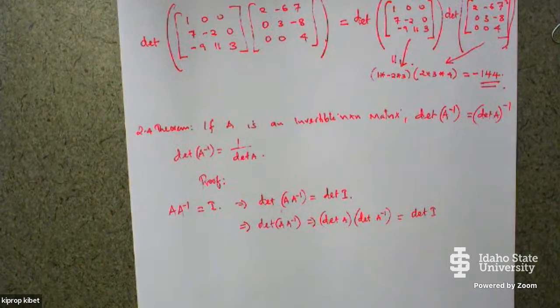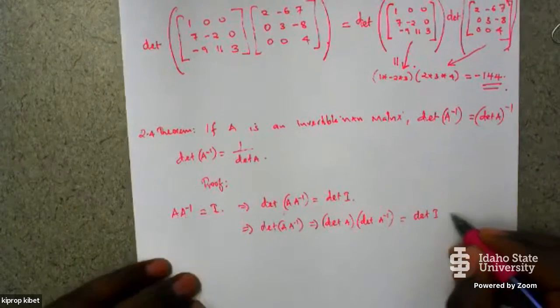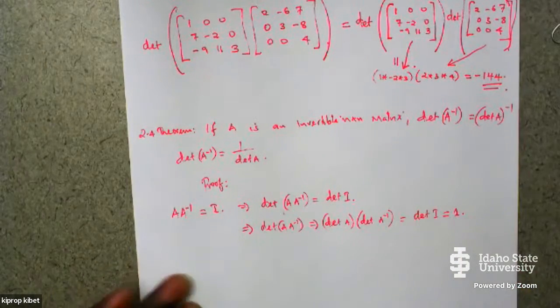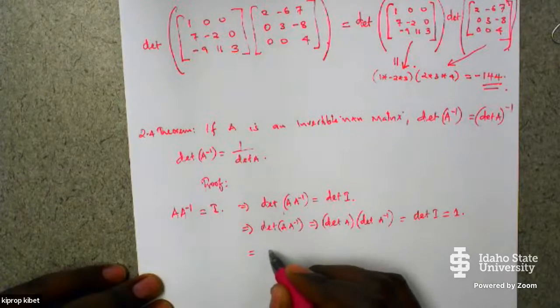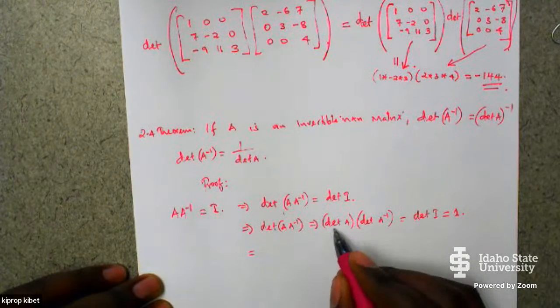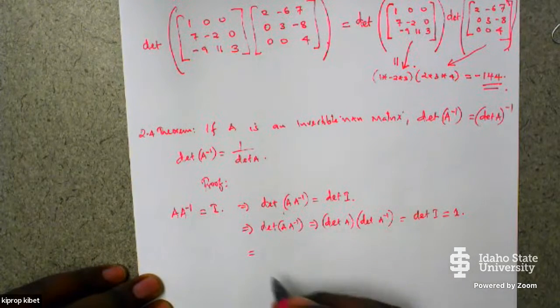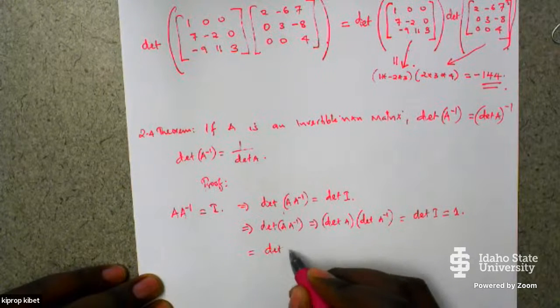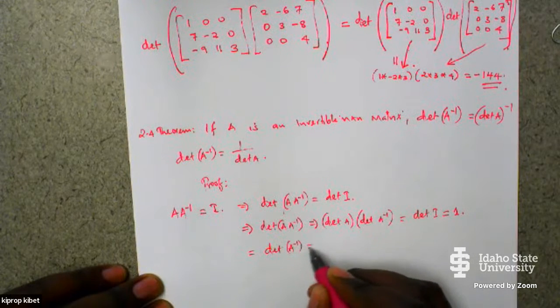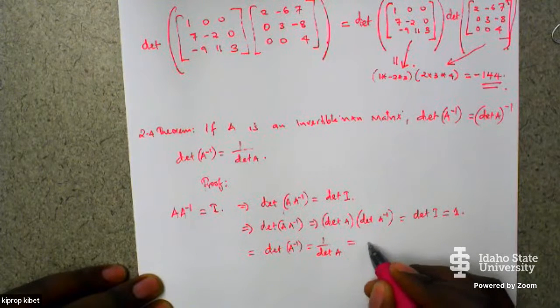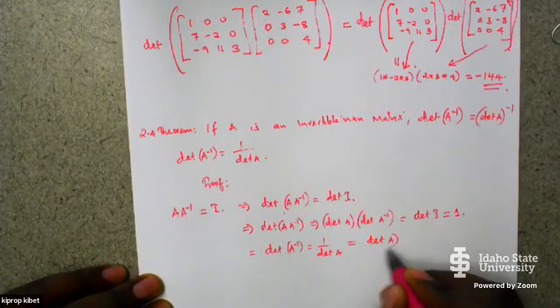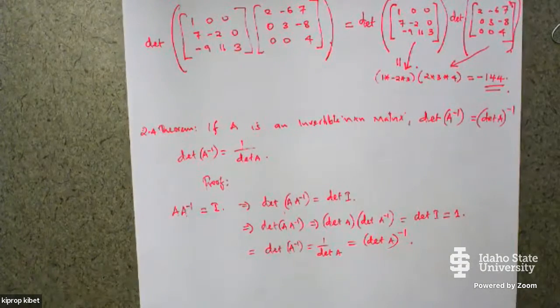And the identity matrix has 1s on the diagonal, so its determinant is 1. Then, when you divide both sides by the determinant of A, the determinant of A inverse is equal to 1 over the determinant of A.